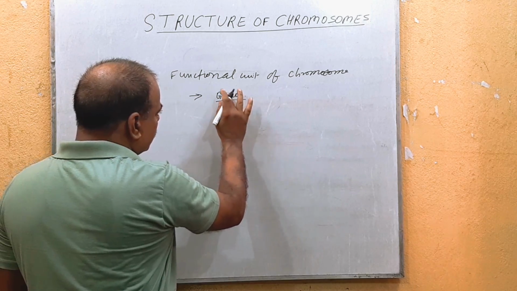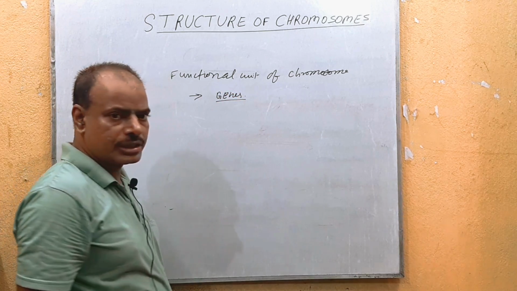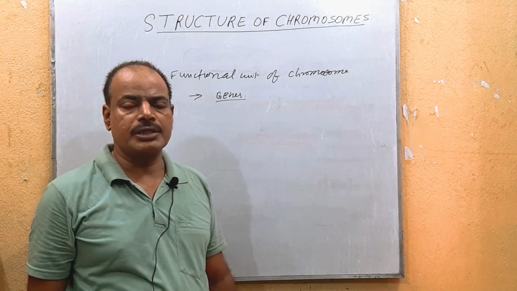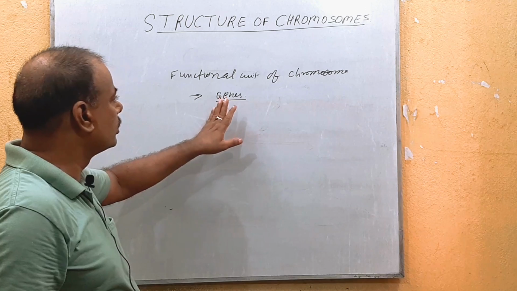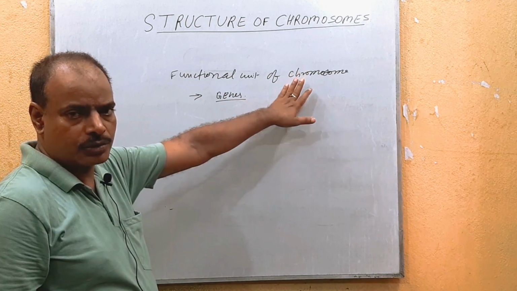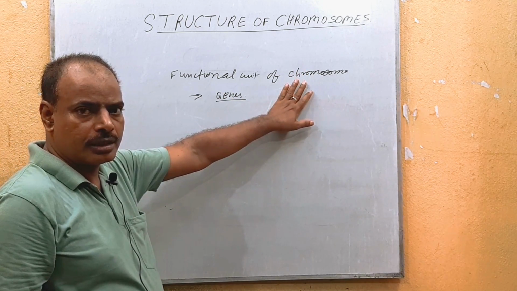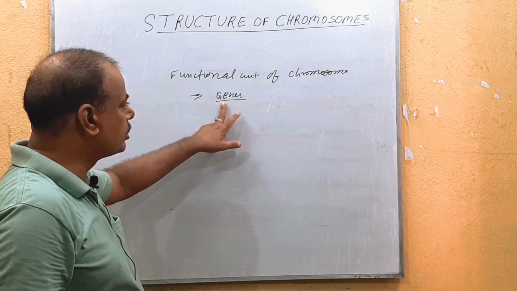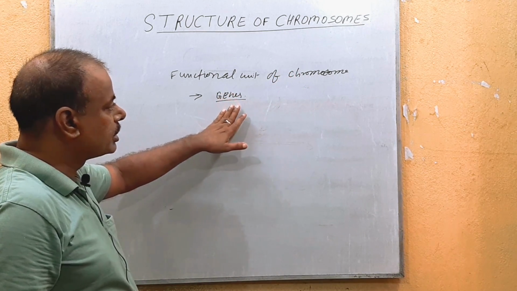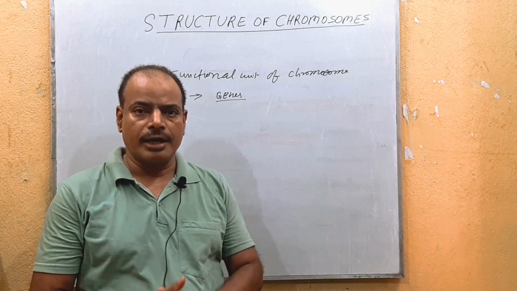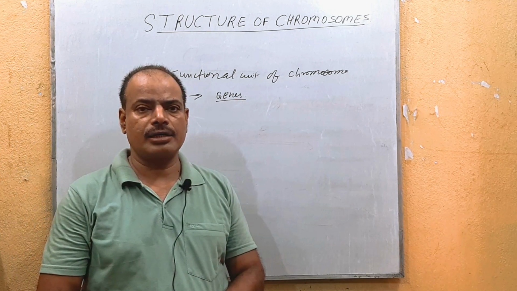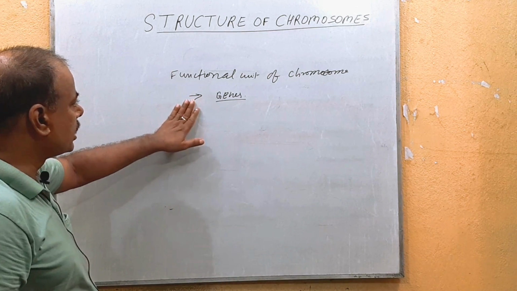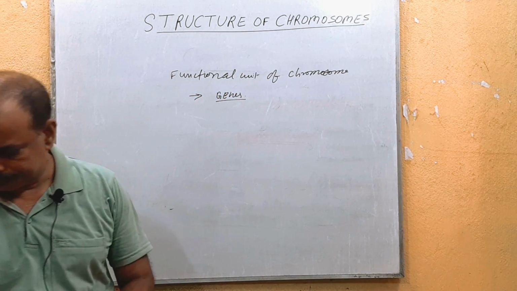So genes are the specific segments of DNA which are located on the chromosome, because chromosome is made up of DNA. Genes are the functional unit because, as you know, they are the carriers of characteristic features from parents to their offspring. So genes are the functional unit of chromosome.